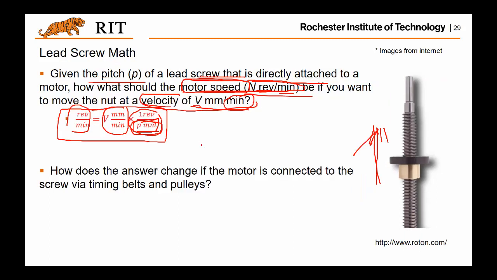So that's how you could do this conversion between the linear motion and the revolution of the screw or the motor.